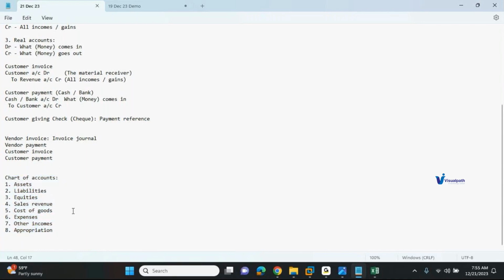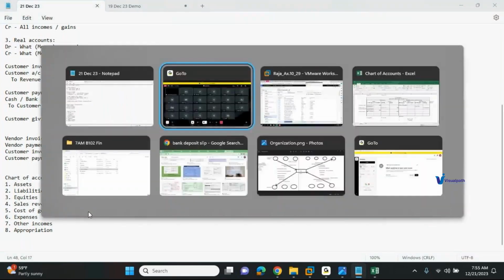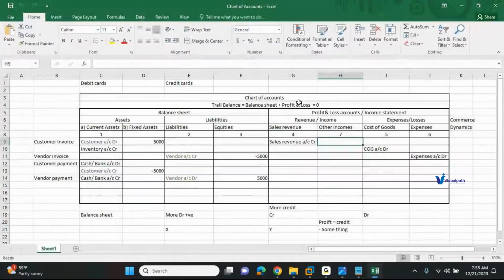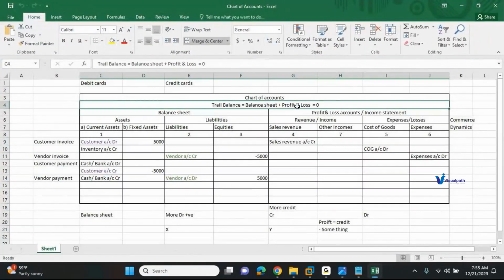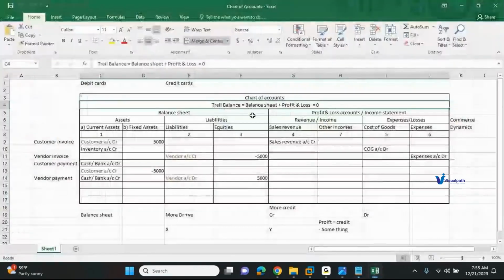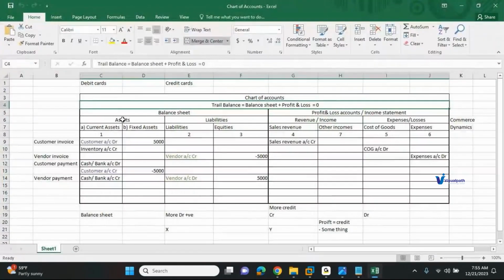This is a good thought because the trial balance was split into balance sheet plus profit and loss account. Balance sheet is first, then profit and loss account. So here the 1, 2, 3 series is balance sheet, because balance sheet means assets, liabilities, equities. In your commerce, you learned only assets and liabilities.